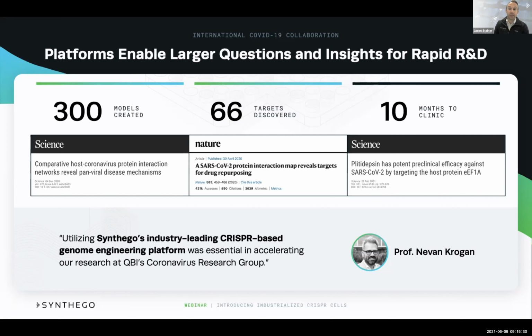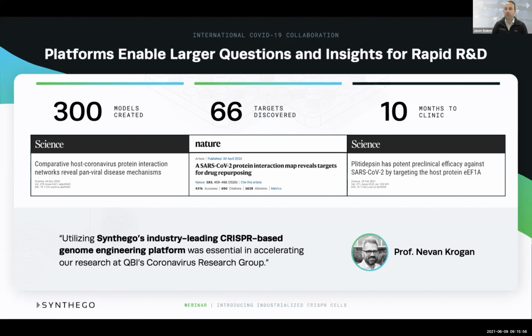We engaged with a broad-based collaboration to address COVID. And in an application of the speed and the scale that our platforms have enabled, we partnered to translate a protein interactome, which is the protein-protein interaction network between, in this case, SARS-CoV-2 and the human proteome, into over 300 cell models that we produced in just a few weeks.